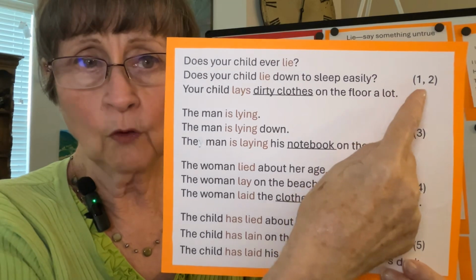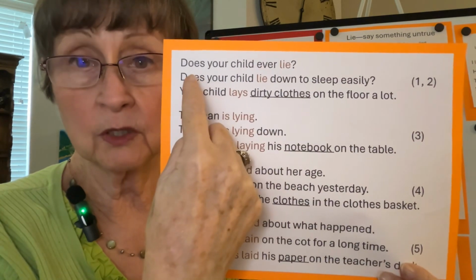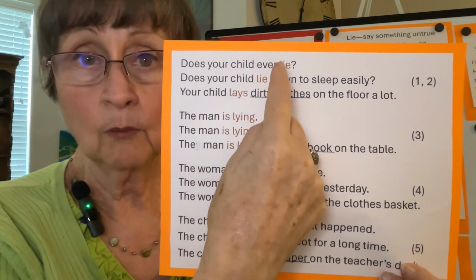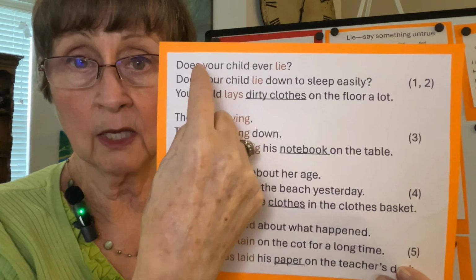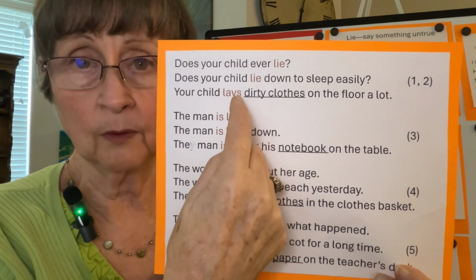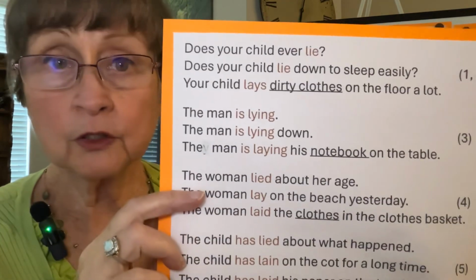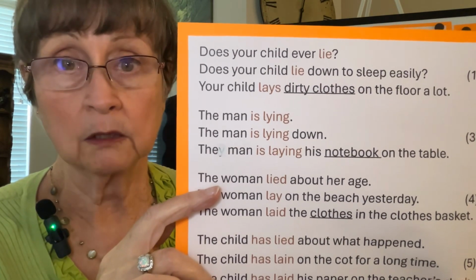I say first form and second form. They're really all second form, but this second form uses a helper, so it's borrowing the first form and putting it with does. Does has the S for the second form. And then lays has the S for the second form. Okay. Does your child ever lie? I hope not.